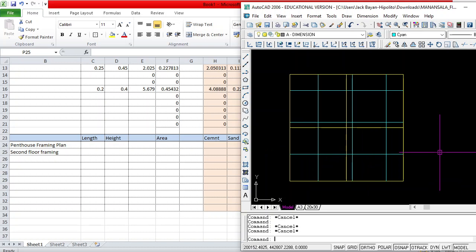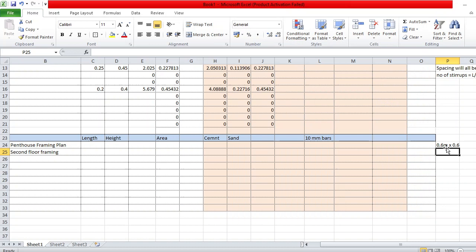Diba? So, i-average na lang natin. Ilang bakal ang mailalagay mo for every square meter? You have 4, 4, 3, and 2. So, that will be 2 plus 3 plus 4 plus 4, divide by 4. Approximately 3.25 10 mm diameter bars.